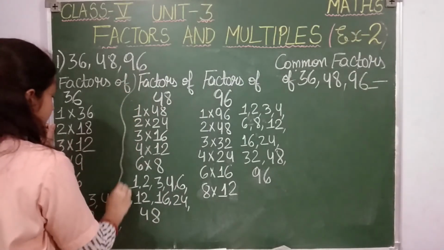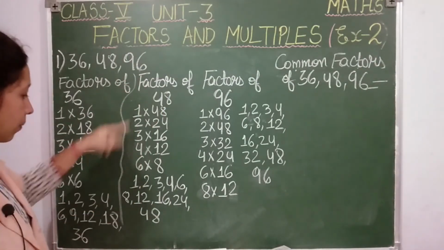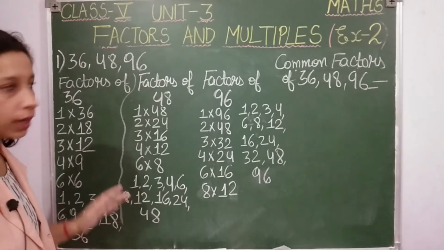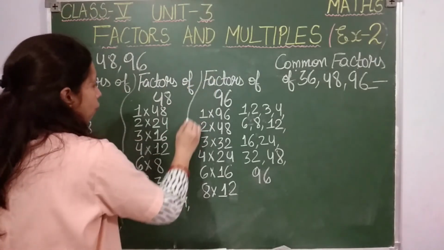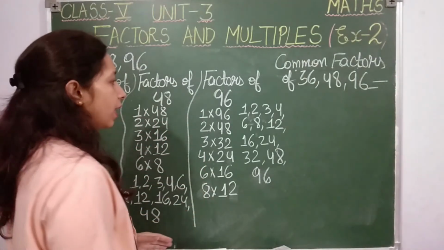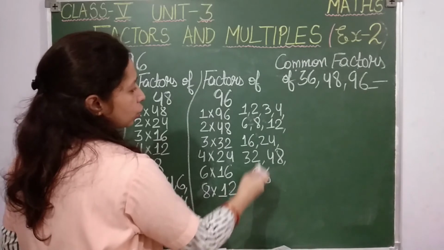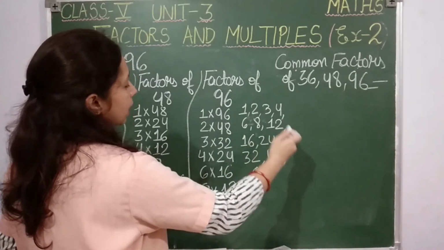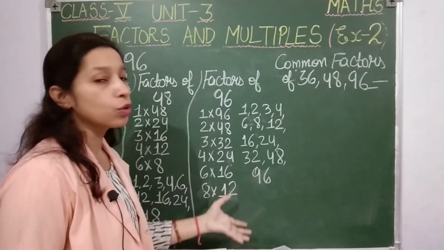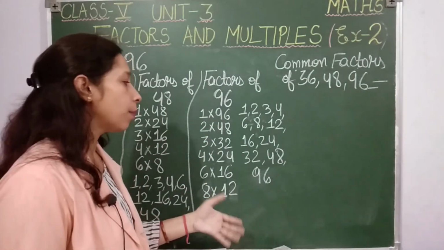Okay, then factors of 48, 1, 2, 3, 4, 6, 8, 12, 16, 24 and 48. Then factors of 96 also I have written here students. These are the factors of 96. 1, 2, 3, 4, 6, 8, 12, 16, 24, 32, 48 and 96. Larger numbers, so there are many factors.